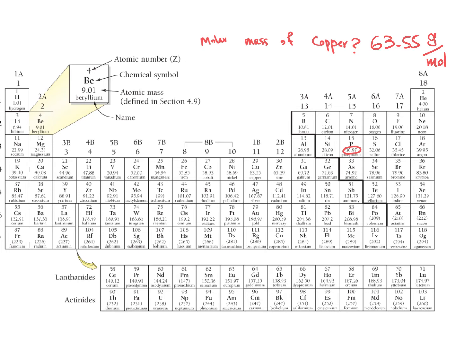The value numerically is the same, but the unit is gram per mole. And this number means that 1 mole of copper has the mass of 63.55. Okay? So I write this here: 1 mole of copper has the mass of 63.55 gram.